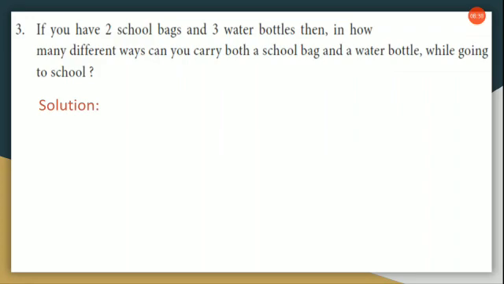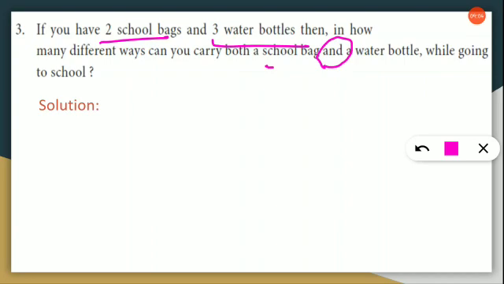Now, third question. If you have 2 school bags and 3 water bottles, then in how many different ways can you carry both a school bag and a water bottle while going to the school? So what is the question? You have 2 school bags and 3 water bottles and you are going to carry both, that is a school bag and a water bottle.